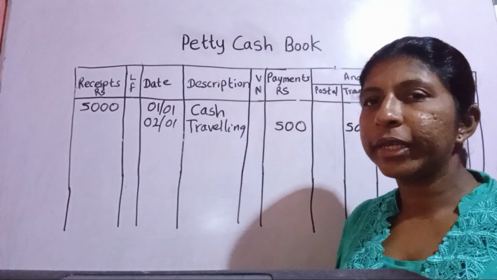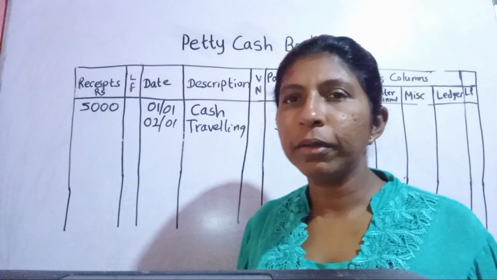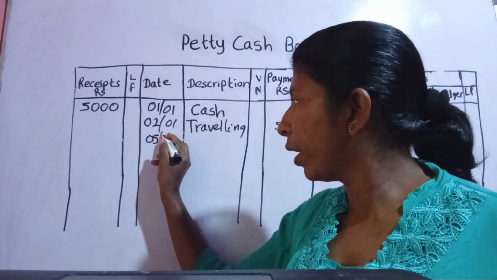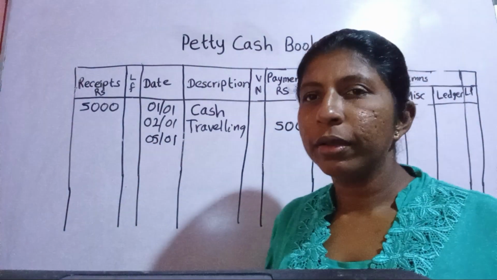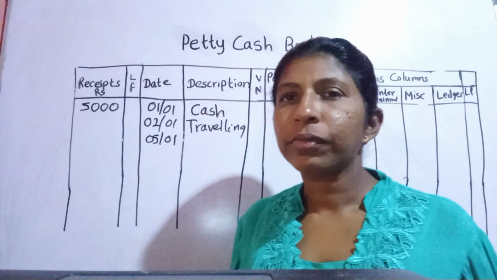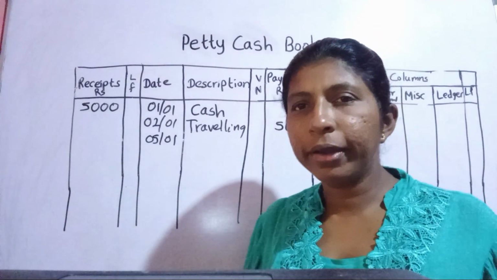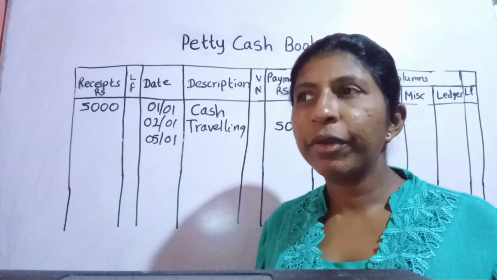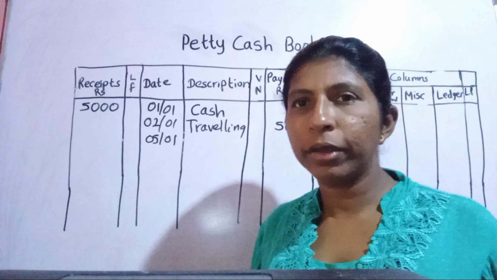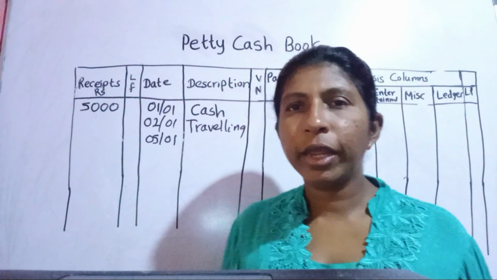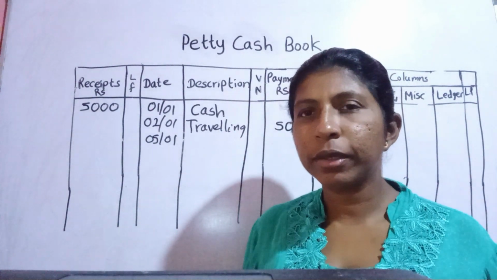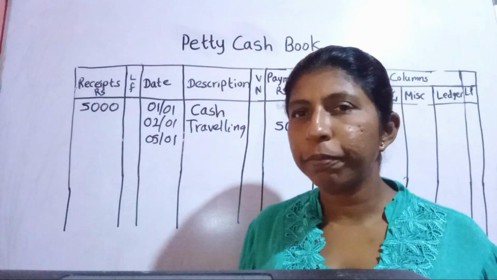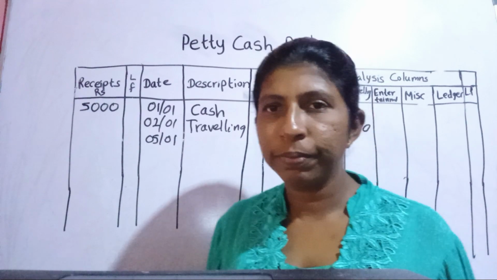Then I will take the next payment example. On 5th January, I can write the date here, 5th January. Entertainment expenses 700. When a main customer came to the business, the business paid some expenses for refreshments for that customer.